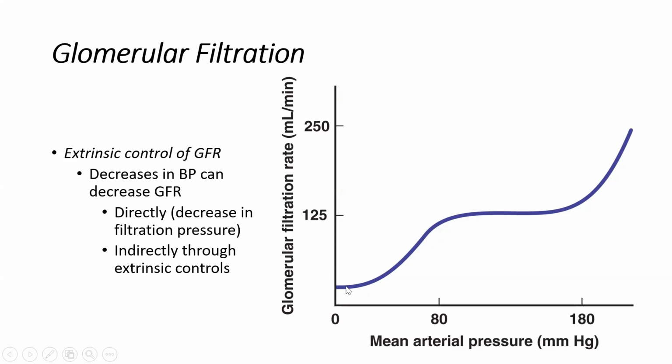The extrinsic controls are going to be less than 80 and greater than 180. And what we mean is that GFR will change in the face of changing mean arterial pressure. It's going to directly decrease in filtration pressure. So we're going to see a direct drop in filtration pressure. And then it's going to happen indirectly through some other extrinsic controls that we'll talk about.